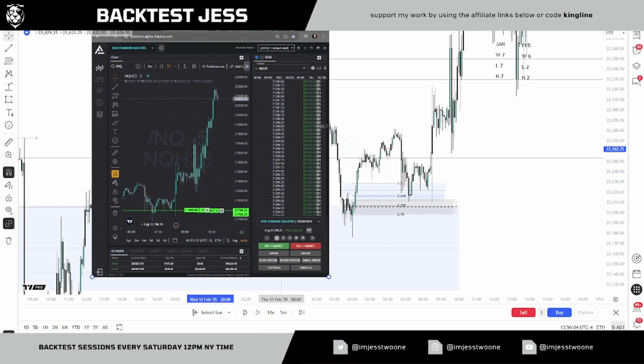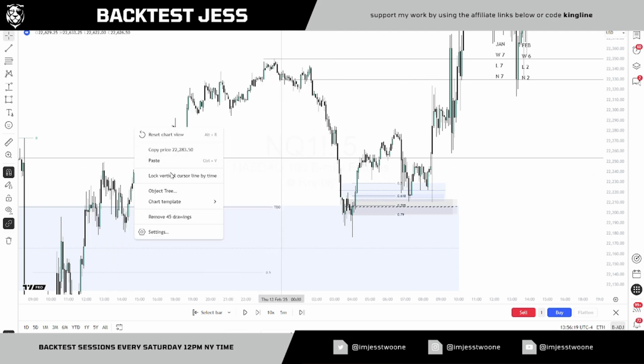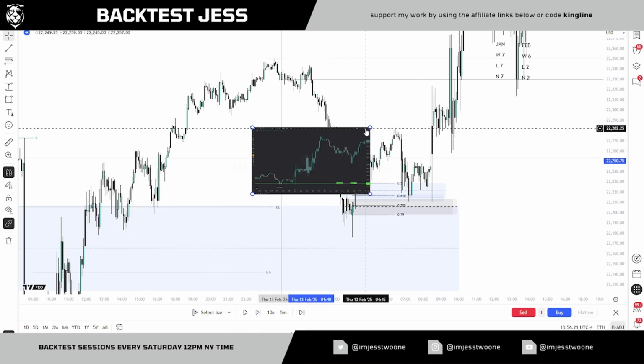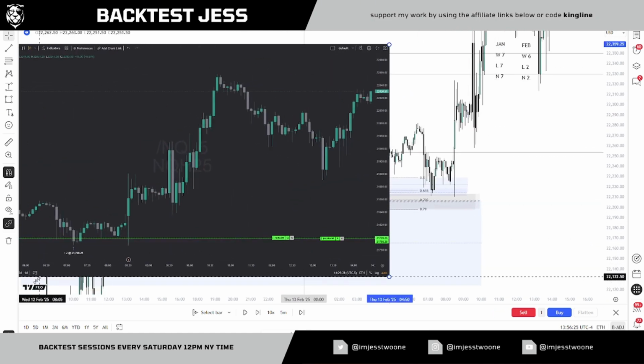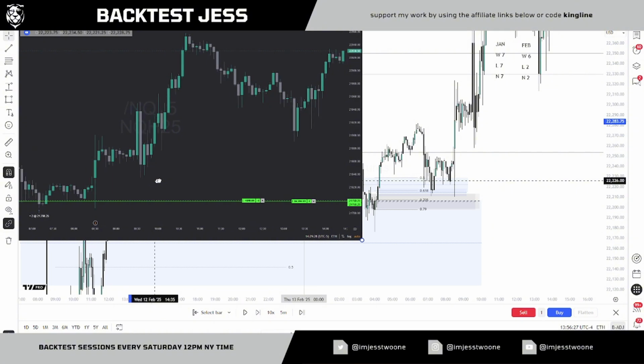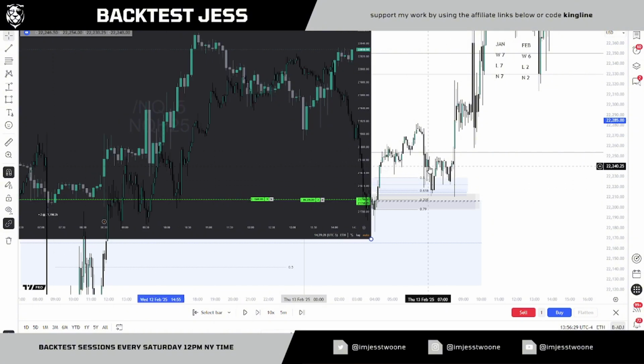This is the journal entry that I have from that day. Oh, here. This is the full chart. So it's from the 7 a.m. entry, which is here. So you can see the price action is the same right there.